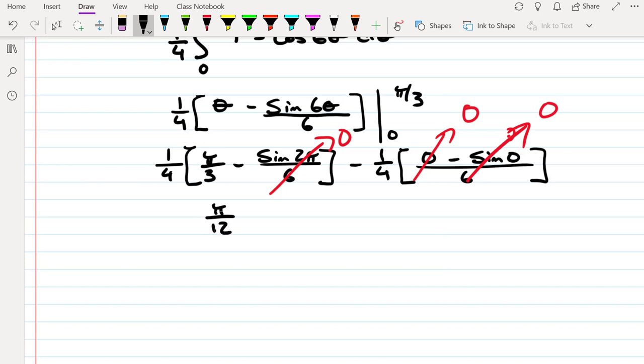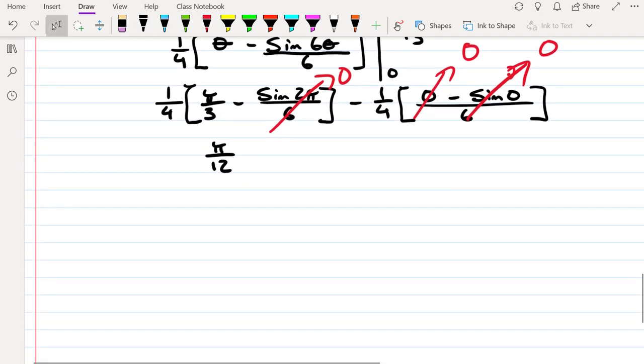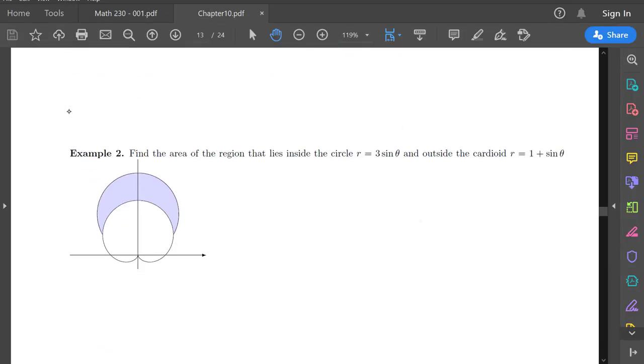So the area of one leaf of this polar rose is pi over 12. All right, so let's take a look at our next example.